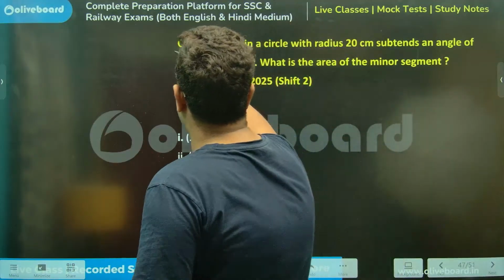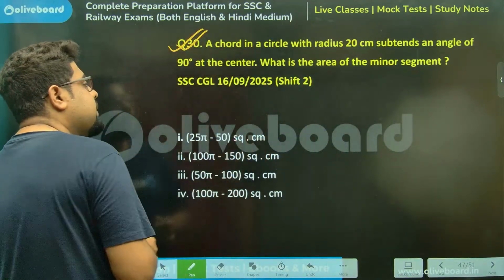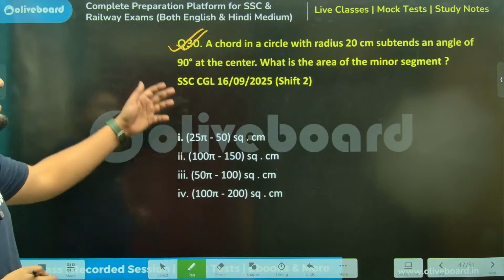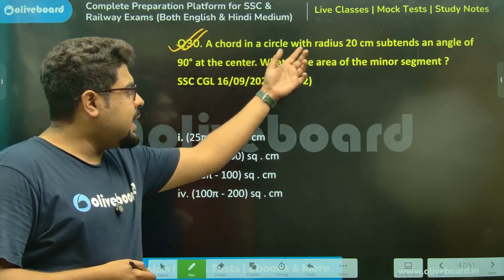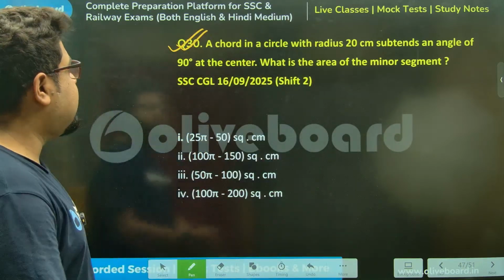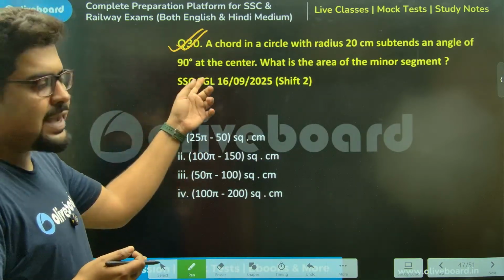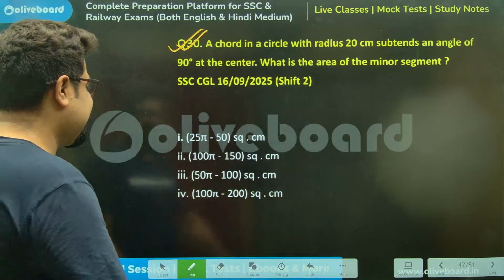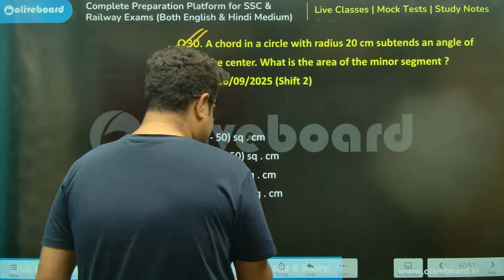Moving on. A chord in a circle with a given radius subtends an angle. What is the area of the minor segment?